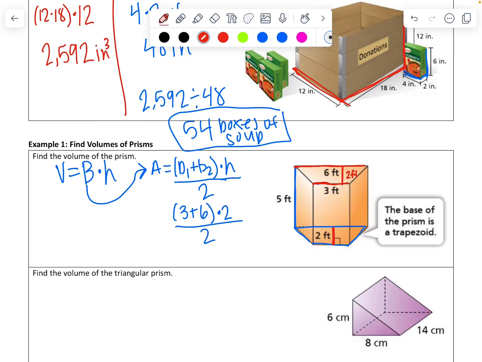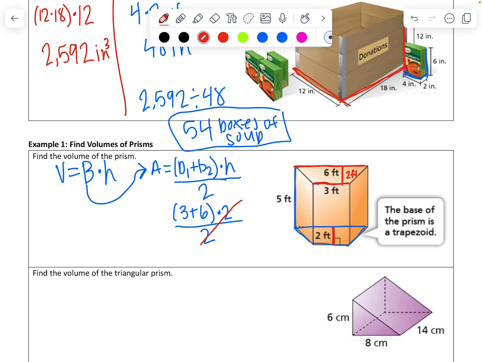And then we can find the area of our base. So I can tell right away that these 2's can cancel out. 2 divided by 2 is 1. So those are gone, and all I have is 3 plus 6, which is 9. So that means the area of the base is 9.